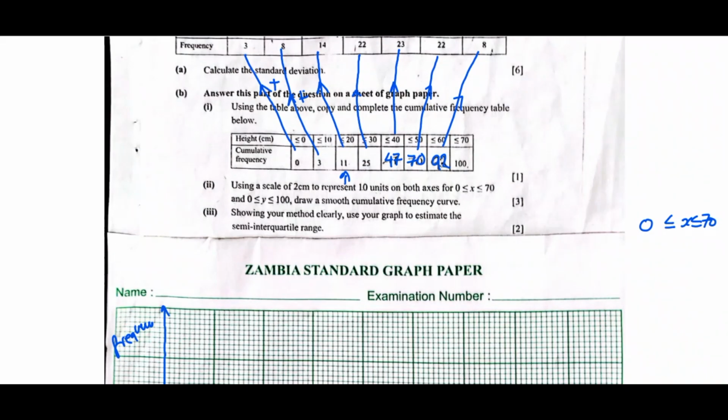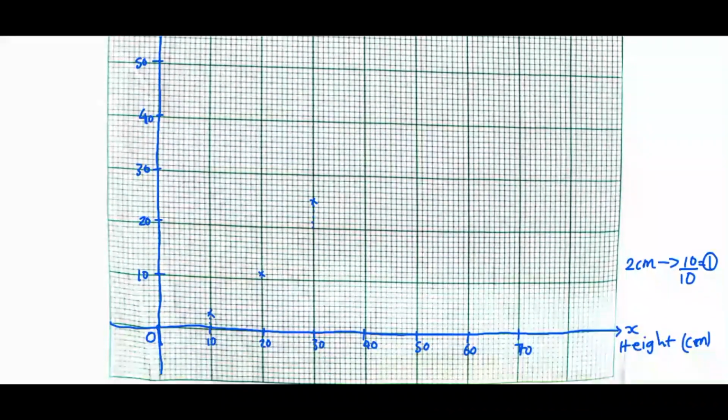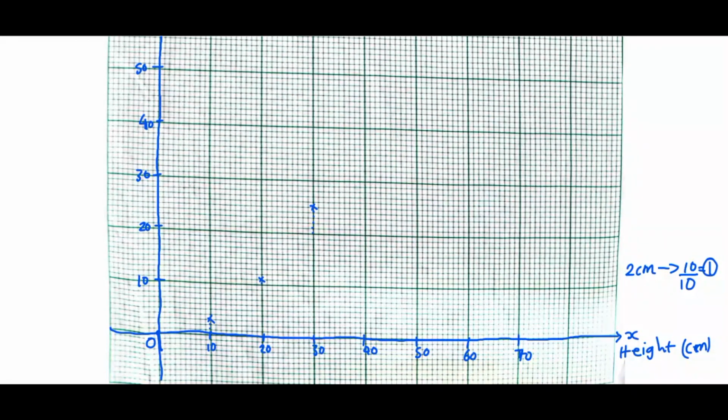Then we go to 40,47. 1, 2, 3, 4, 5, 6, 7 here.